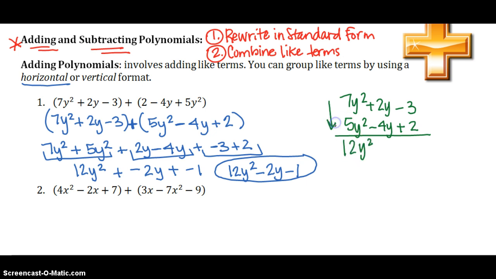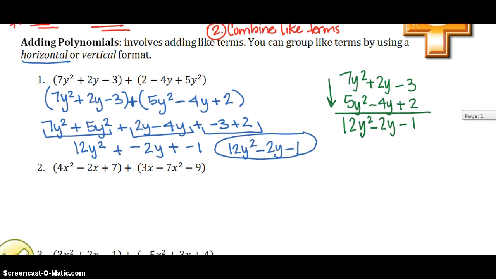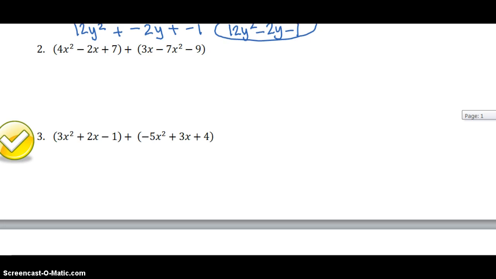Notice we're working vertically here. Positive 2 minus 4 leaves us with negative 2y, and negative 3 plus 2 is a negative 1. So that's how it looks vertically. Most of the time I'll do mine horizontally, but you absolutely can choose which way to work them.